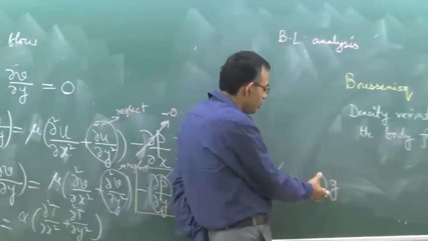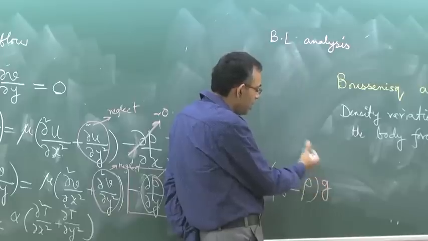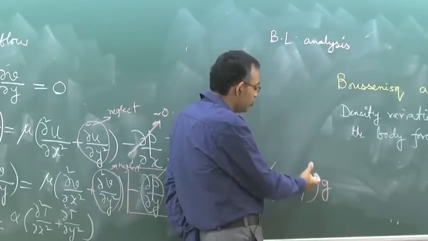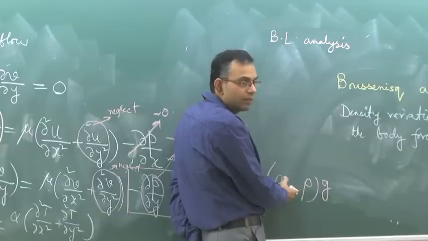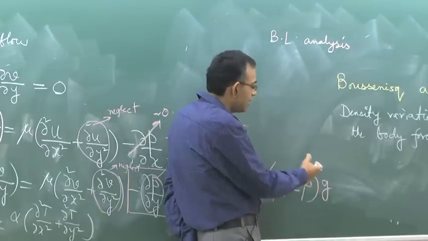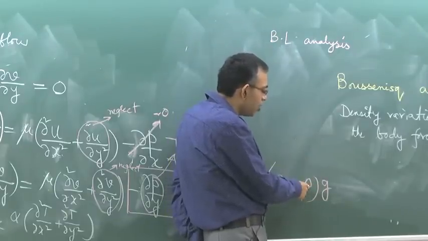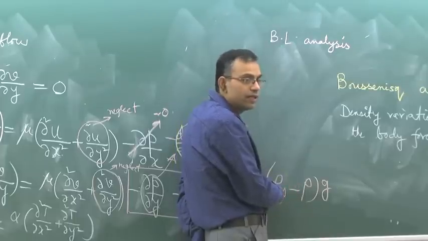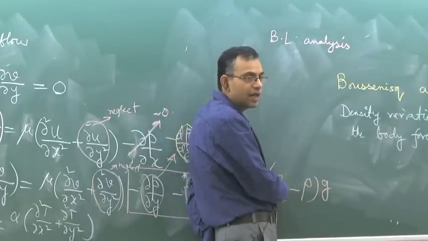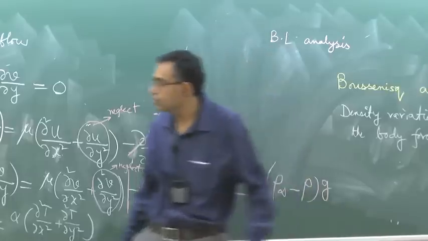You have to make some mathematical analysis to track this rho as a function of temperature. That is often done by expanding rho about rho infinity using a Taylor series expansion as a function of temperature. So let us do that.